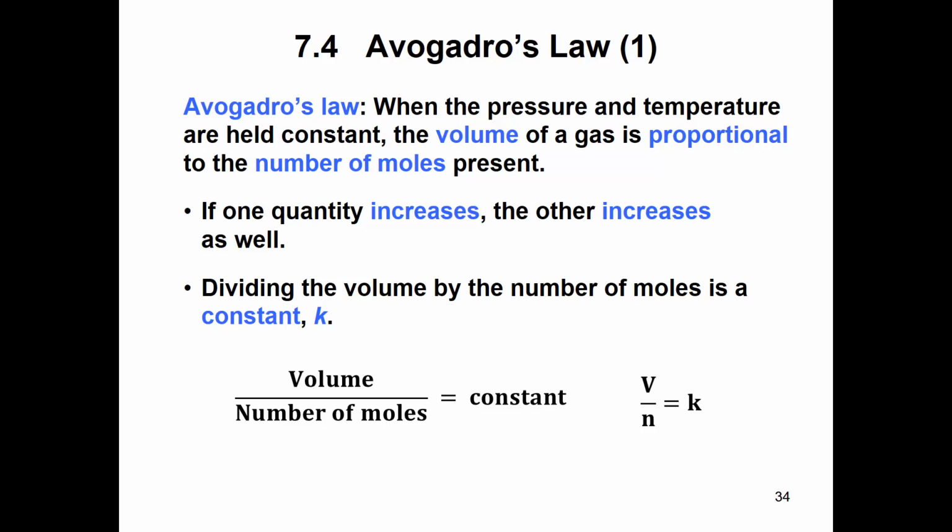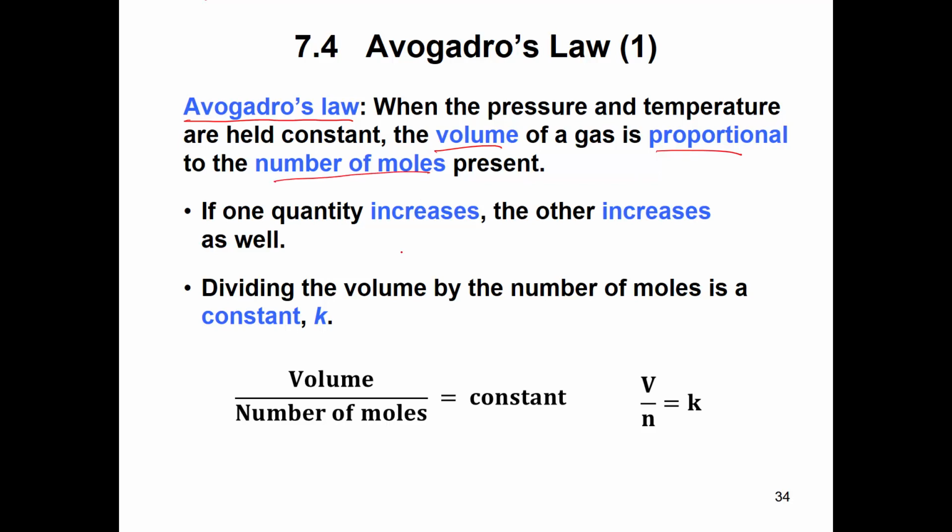So Avogadro's law tells us that, okay, this is like the fourth law we've learned, right? So make sure that you've got those separate and you know what they each talk about. When the pressure and temperature are constant, the volume of a gas is proportional to the number of moles present.